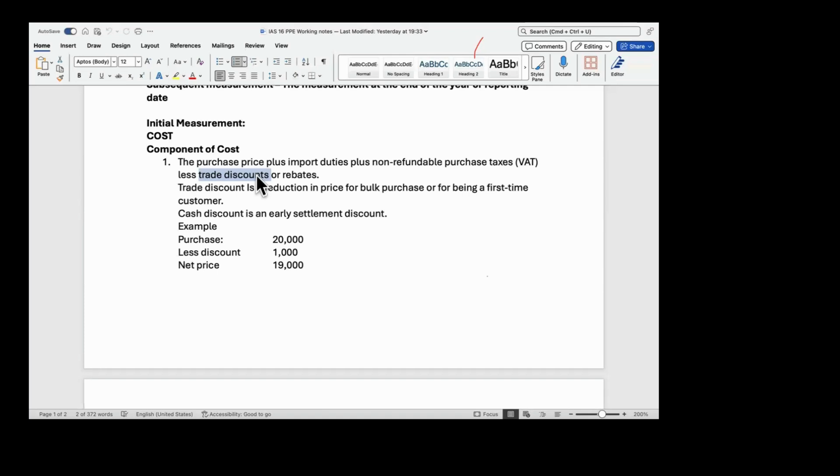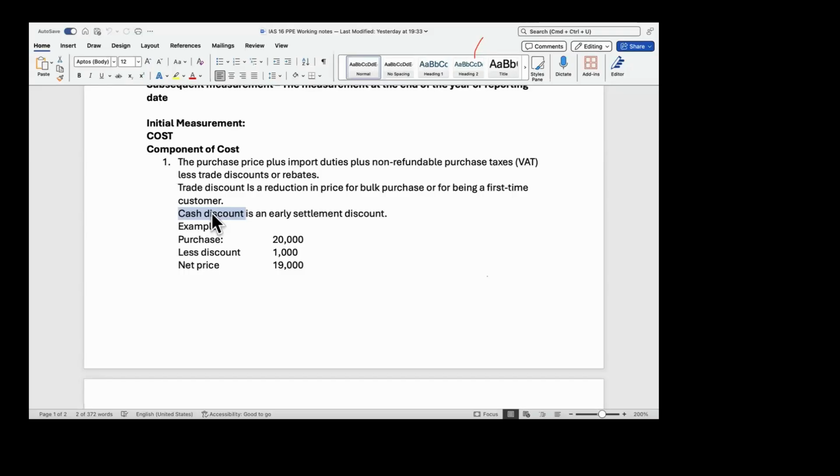But cash discount is an early settlement discount. It is a discount that is conditional on payment, that if you don't pay, you won't get it. So for that reason, cash discount is not deducted outrightly from the purchase price.